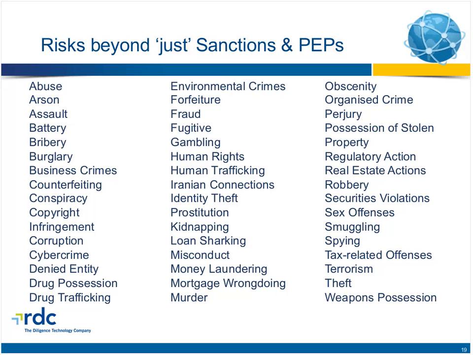It builds out the risk picture for you, going beyond the predicate offences, and enables you to look at crime beyond financial crime: environmental crime, a broader brush of business crimes, and, for example, crime against the person, such as assault and battery and murder. These are all things that you would want to be aware of potentially about a particular entity.